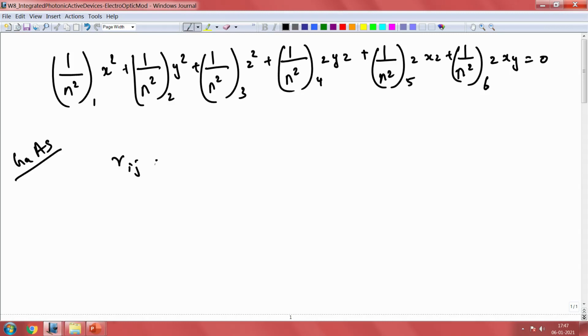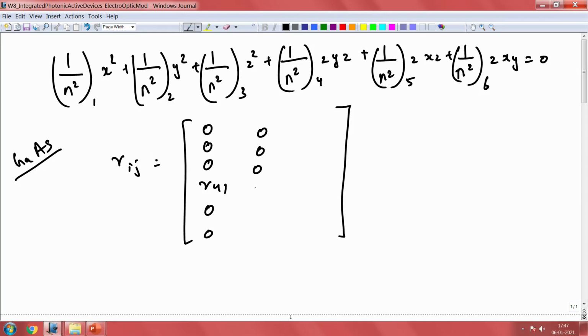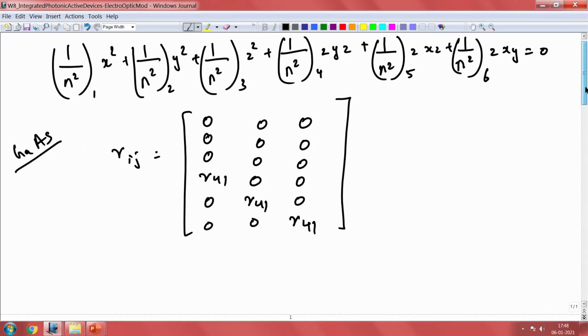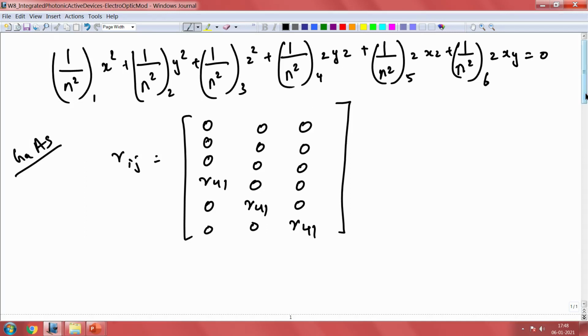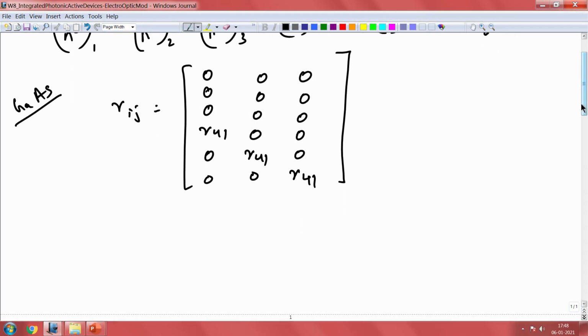So, your tensor looked like 1 2 3, R41 0 0 0 0 0 0 R41 0. So, this is for gallium arsenide as a material. Okay. So, let us take this gallium arsenide as an example, and then see how we could understand the electro-optic effect in this.